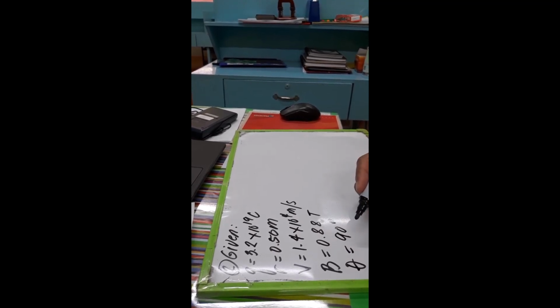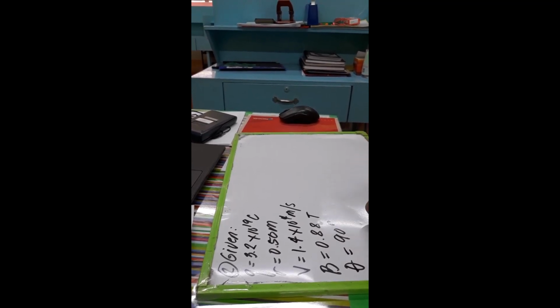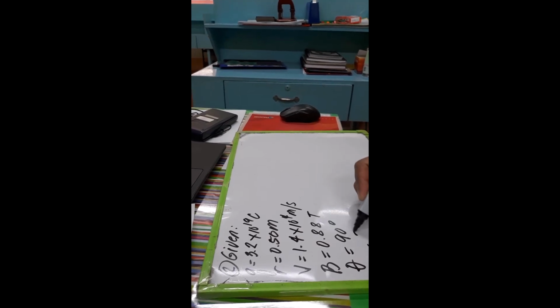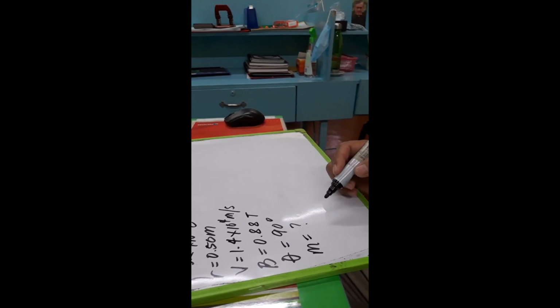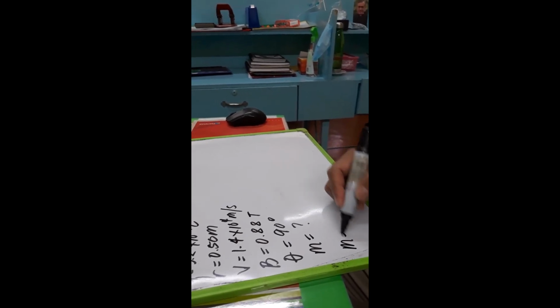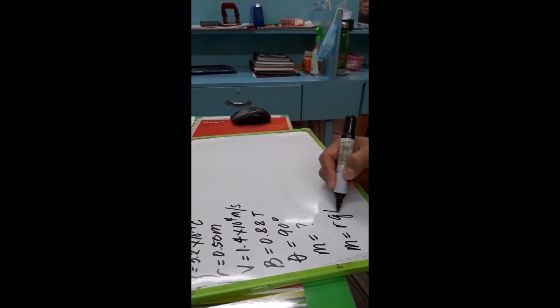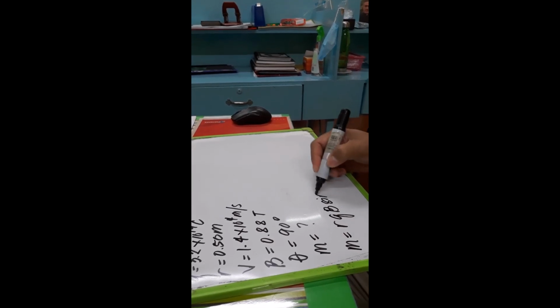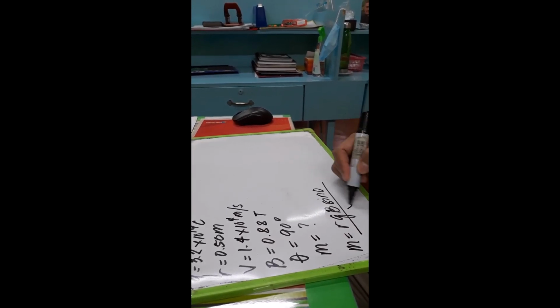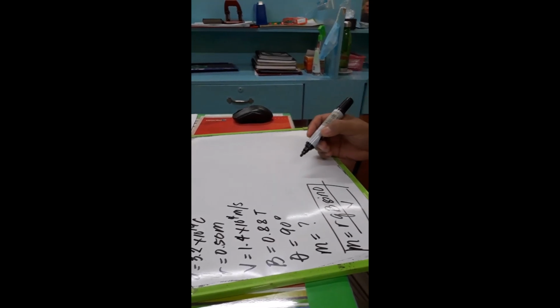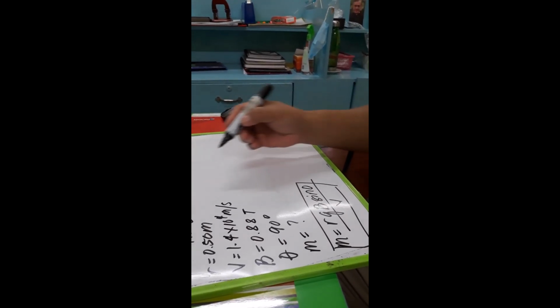So, anong hinahanap natin in problem number 2? We have mass. What is our equation in solving mass? Mass is equal to R Q B sine theta over V. So this is our equation for problem number 2.